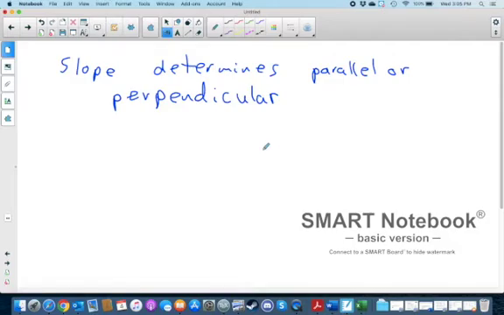Or more often than not, neither of those two things. And other than that, it's writing the equation of a line, which we can do in one of three ways.